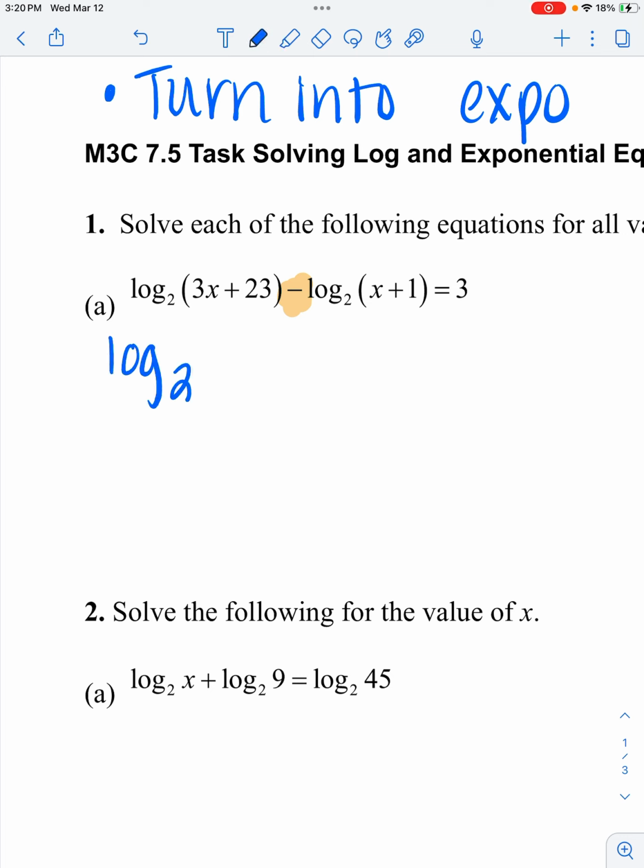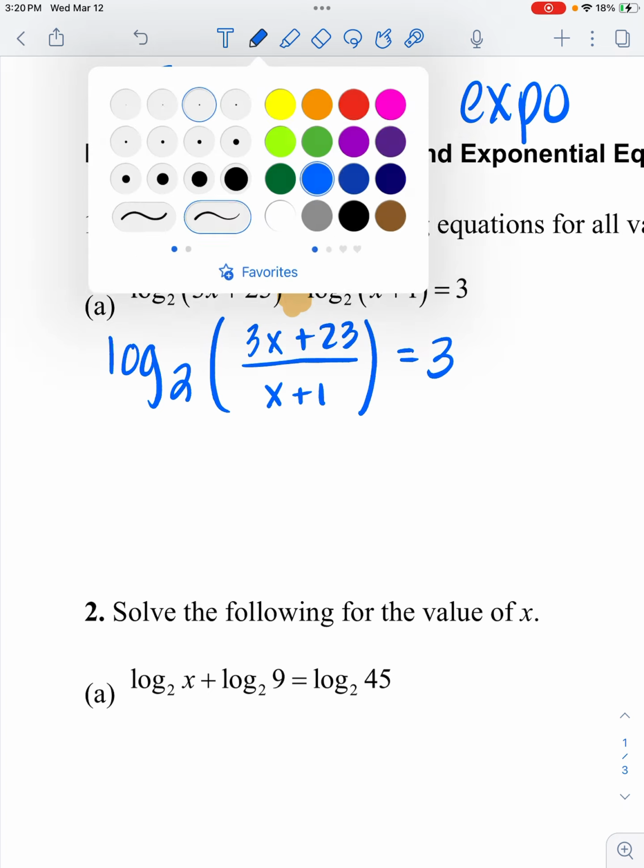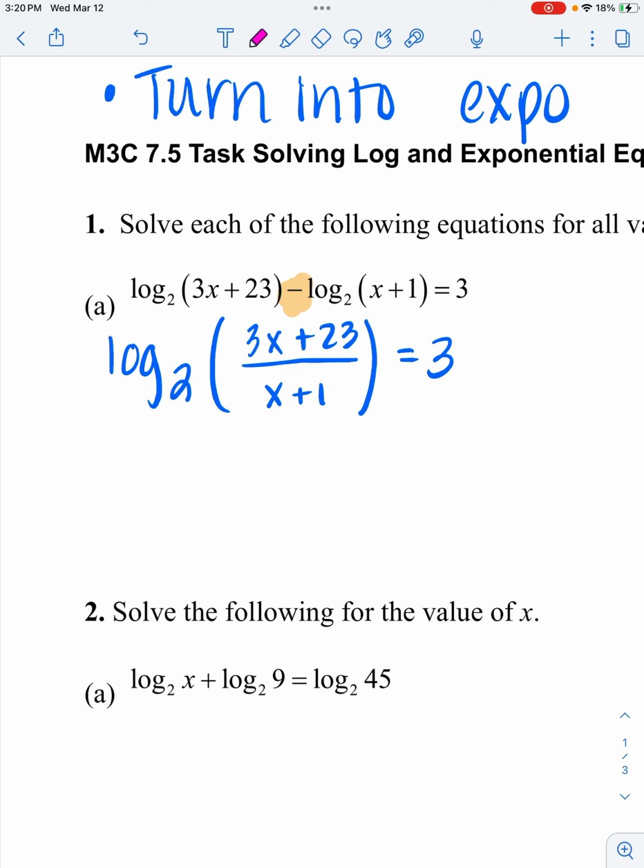Okay, now if it's a subtraction, you should be dividing things. So we should have 3x plus 23 divided by x plus 1. That's just using the property from the subtraction. Now, it is a single log, so I get to do option 1 of turning this into exponential because I know the base of 2 to the power of 3 is equal to the argument.